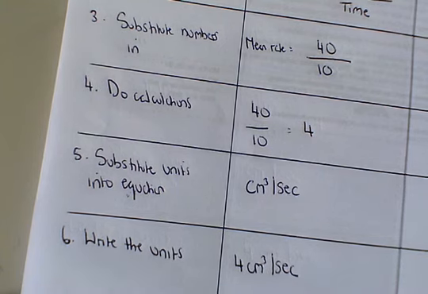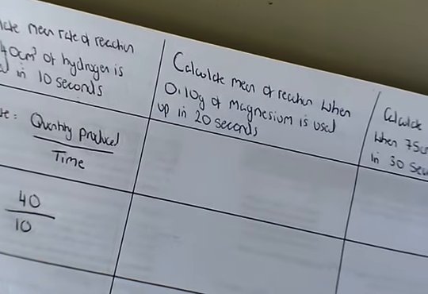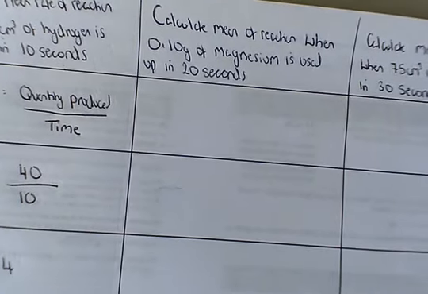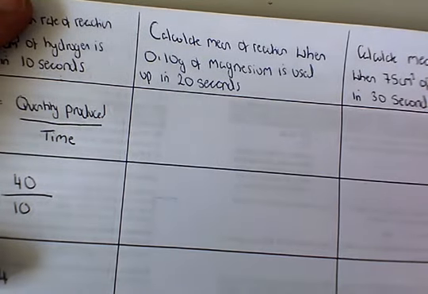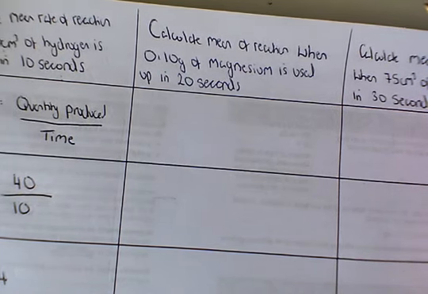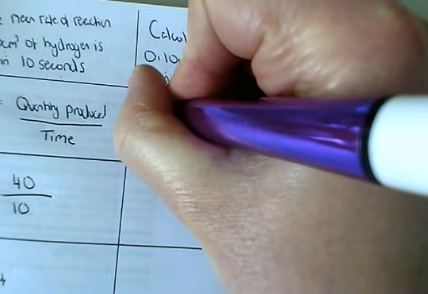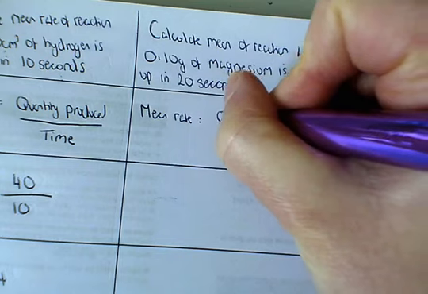So I can apply the same method to the next one here, which is: calculate mean rate of reaction when 0.10 grams of magnesium is used in 20 seconds. So I'm going to write the equation. So I have mean rate equals quantity.